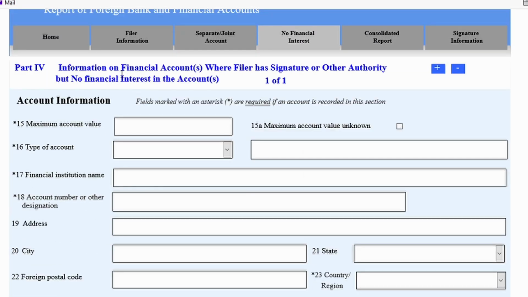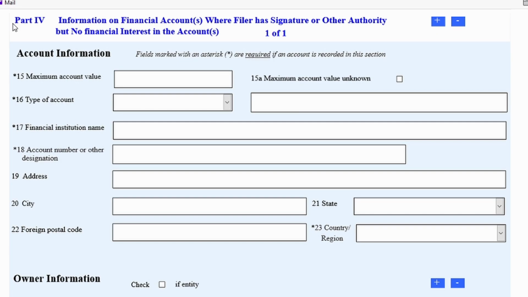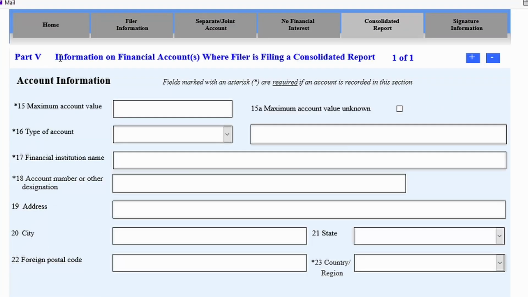Part 4 you would only fill out if the filer has signature or other authority, but no financial interest in the account. Like I said, if you had power of attorney of your mother in Canada over her accounts, this would be the type of thing that you would use to fill out here. And Part 5 is for information on financial accounts where the filer is filing a consolidated report.